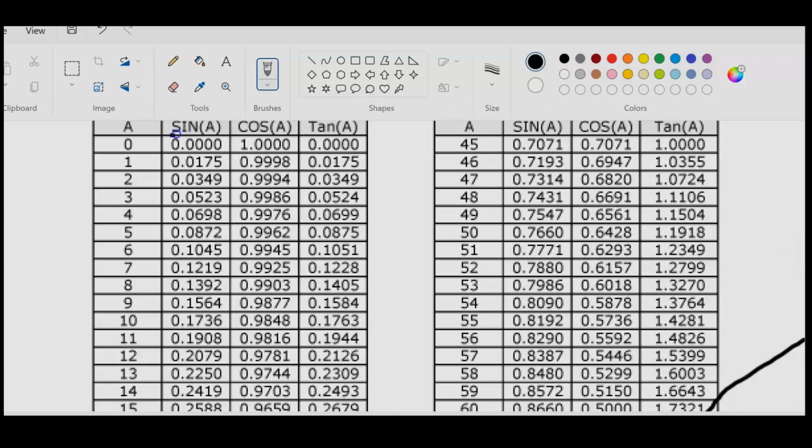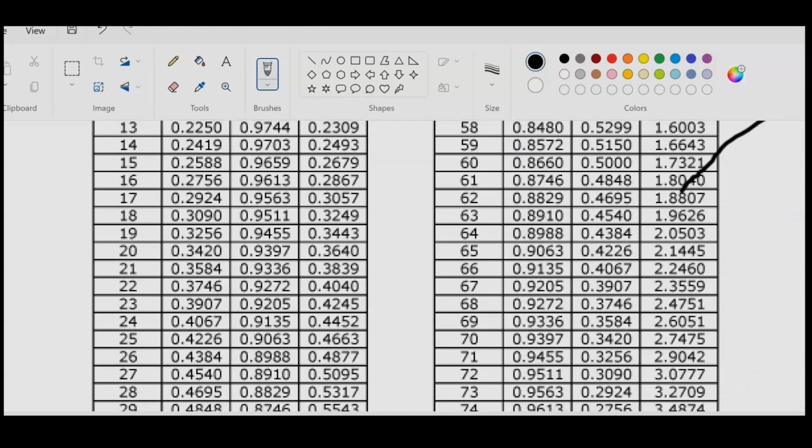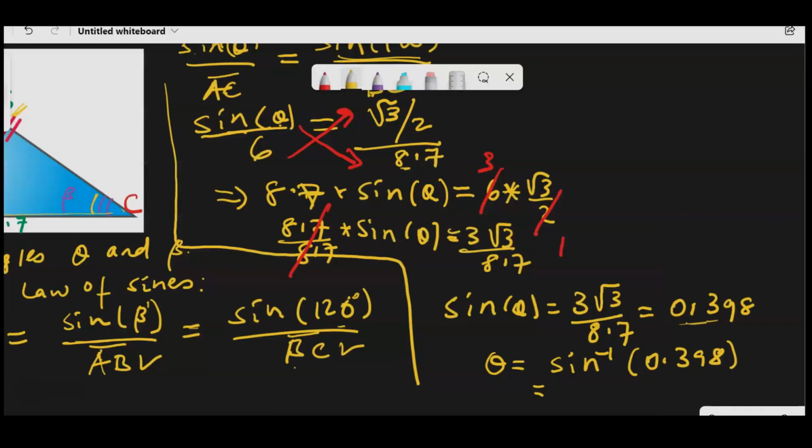This is the sine value, this is cosine, this is tangent, and these are all our angle values. 0.398 is somewhere between these two values. So we can take angle 23. Theta is equal to 23 degree.